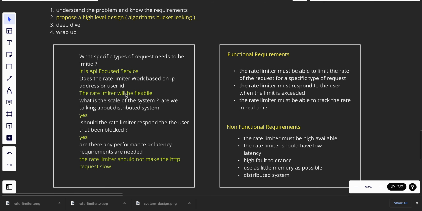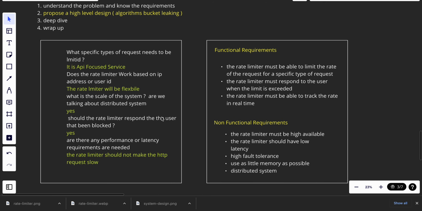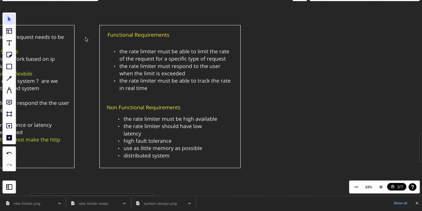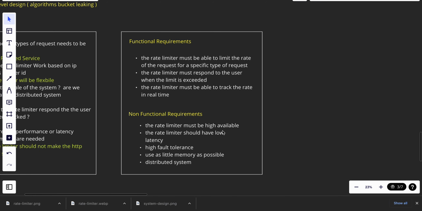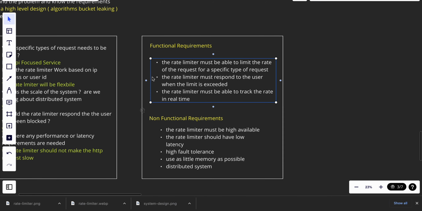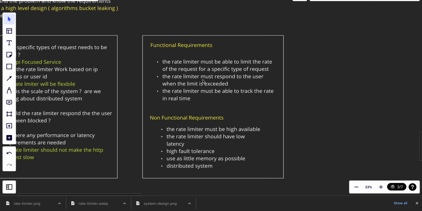Based on the questions we asked, the functional requirements are: the rate limiter must be able to limit the rate of requests for a specific type of request, it must respond to the user when the limit is exceeded, and it must be able to track the rate in real time.